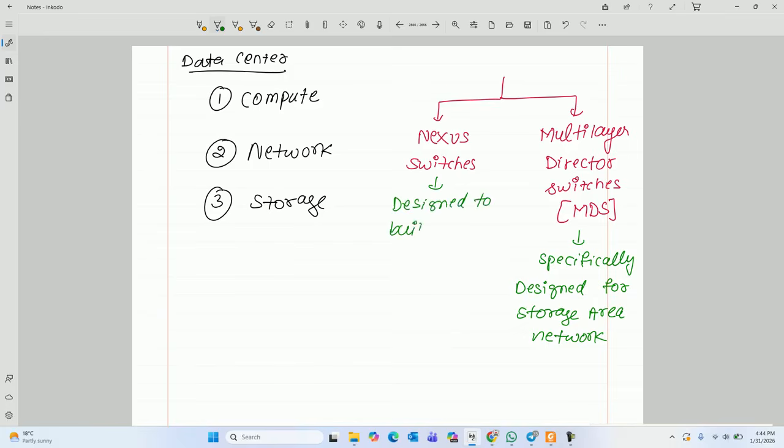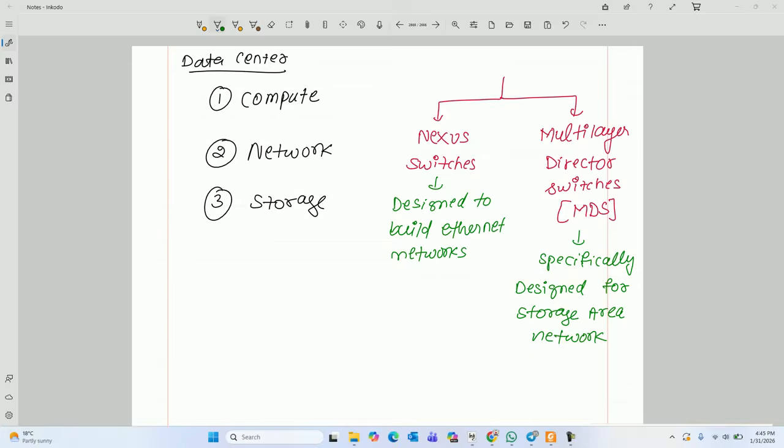The functionality is almost similar to the Nexus switches, but they are specifically designed for storage area network, guys, because we are connecting storage appliances. So for that we have the MDS switches here.